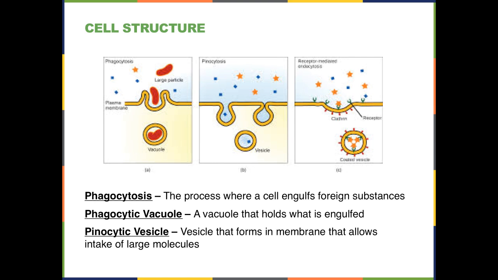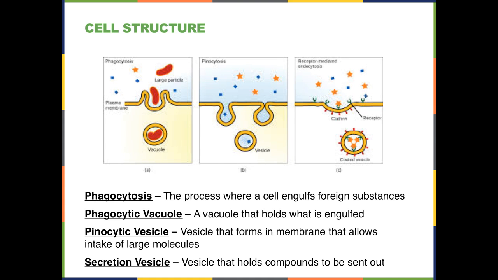Now what you can see here, the first vacuole that I was talking about was called a phagocytic vacuole, and it is an organelle that holds whatever is engulfed, whatever large particle is engulfed. A pinocytotic vesicle is a vesicle that forms around the fluid material, and many times this fluid material will hold a larger molecule, not large enough to be considered phagocytosis.